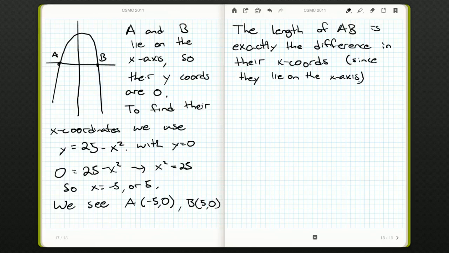This is true of any pair of points lying on the x-axis. If they had different y-coordinates and different x-coordinates, we would have to use the distance formula between 2 points. But because they both lie on the x-axis, they both lie on the same line. Their y values are constant. It's just going to work out to be the difference in their x-coordinates.